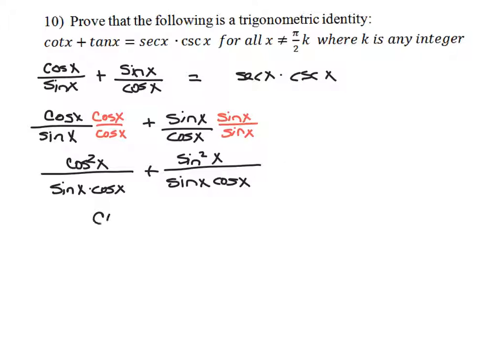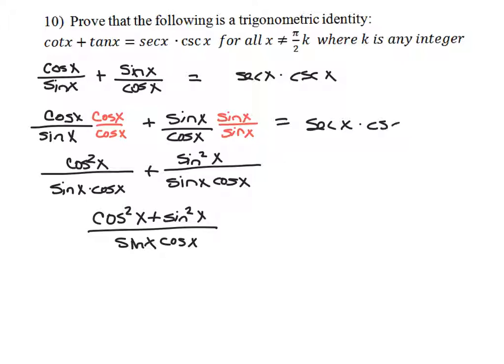Instead, now that we have our common denominator, let's add together our numerators and put it over that common denominator. And you'll notice that the right side just stayed my secant x cosecant of x all the way down. I'm not changing it at all.